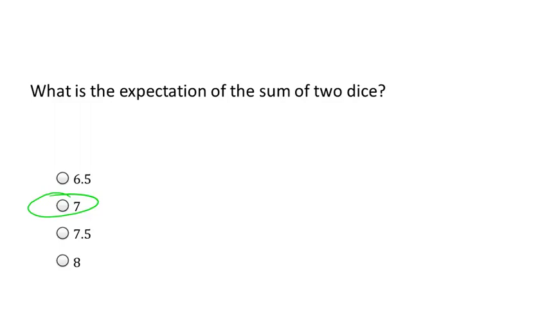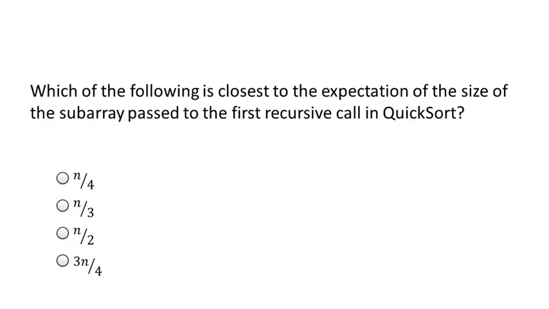A slightly sneakier way to do it, if you don't know linearity of expectation, would be to pair up the various outcomes. It's equally likely that the sum of the two dice is 2 or 12. It's equally likely to be 3 or 11, 4 and 10, and so on. Each way of pairing up these values of the two dice results in 14, and when you average, you get 7. But again, the right way to do this is linearity of expectation, which we'll cover next.